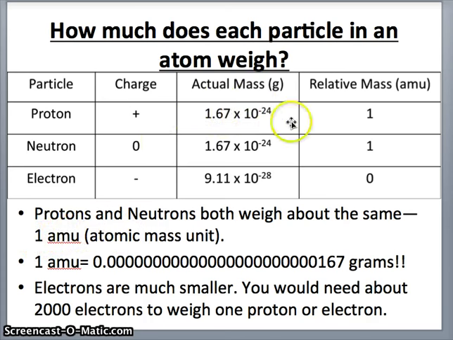This is the actual mass. And then electrons are much smaller, so that you would need about 2,000 electrons for it to equal one proton. One atomic mass unit is a very small amount of grams, as you can see right here.